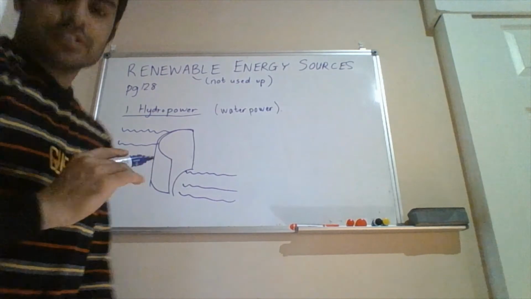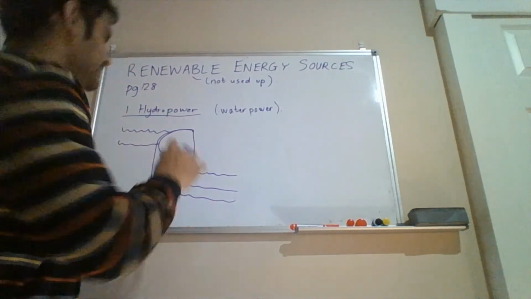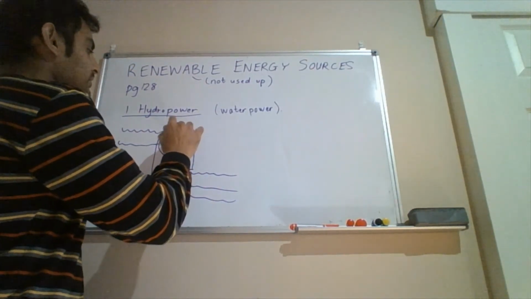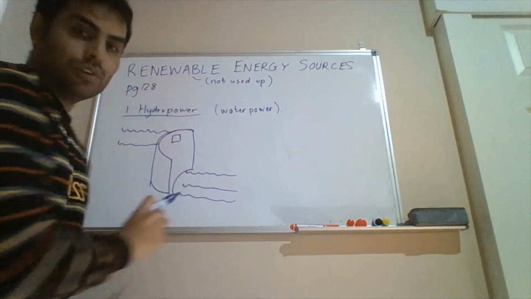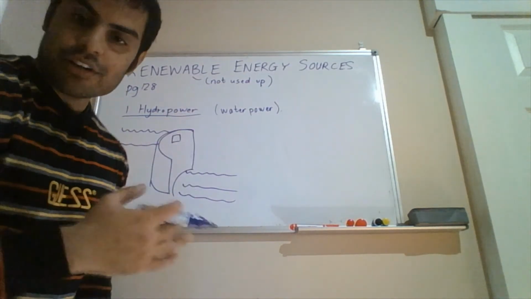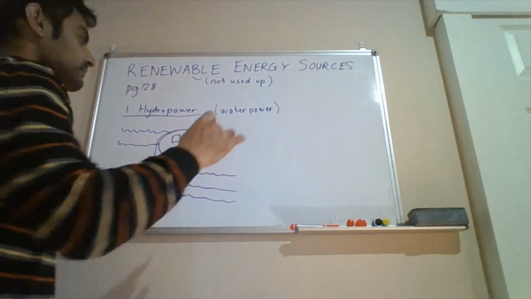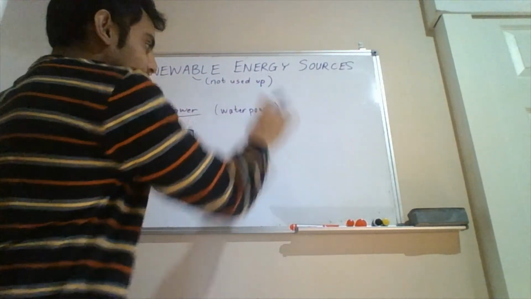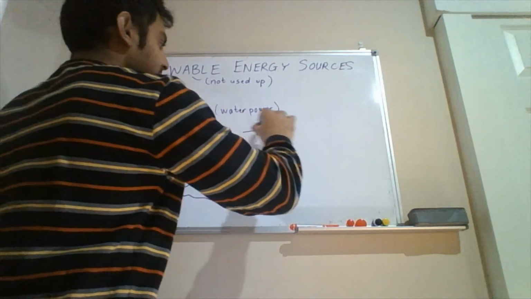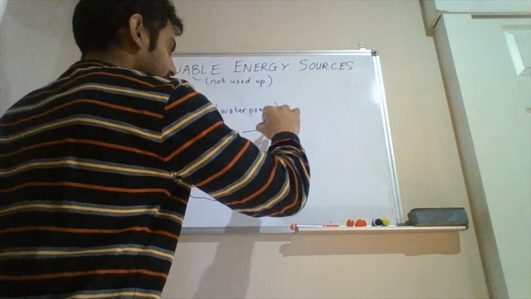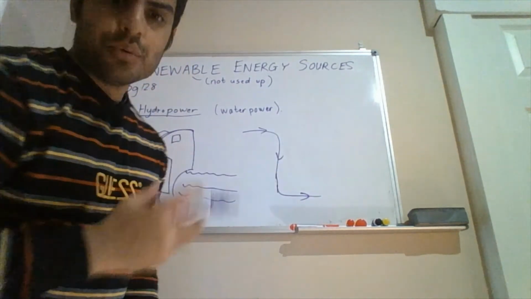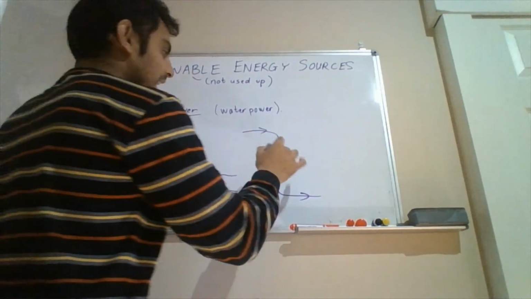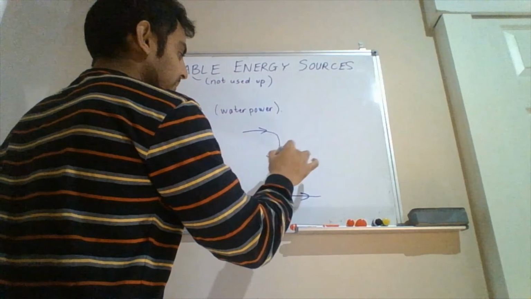So what would happen now is that they'd open a little chute at the top of the dam and the water would fall. So it makes like an artificial waterfall. In the way of this flow of water from top to bottom, they'll have a generator.